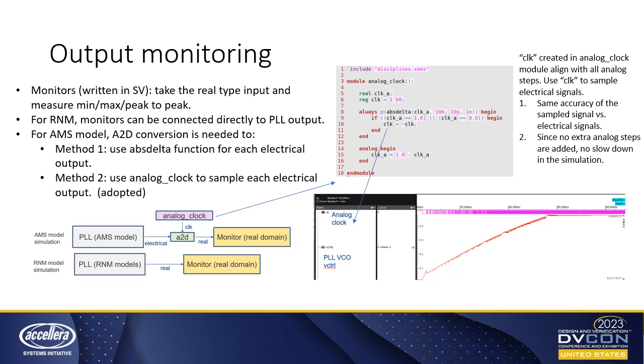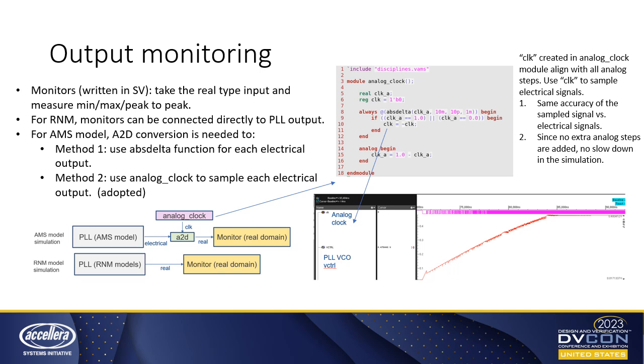We have monitors to measure the mean, max, or peak-to-peak value of selected DOT output signals. The monitor module is written in SystemVerilog, which can only take real type or digital type as the input. Real-number models can be connected to the monitors directly.